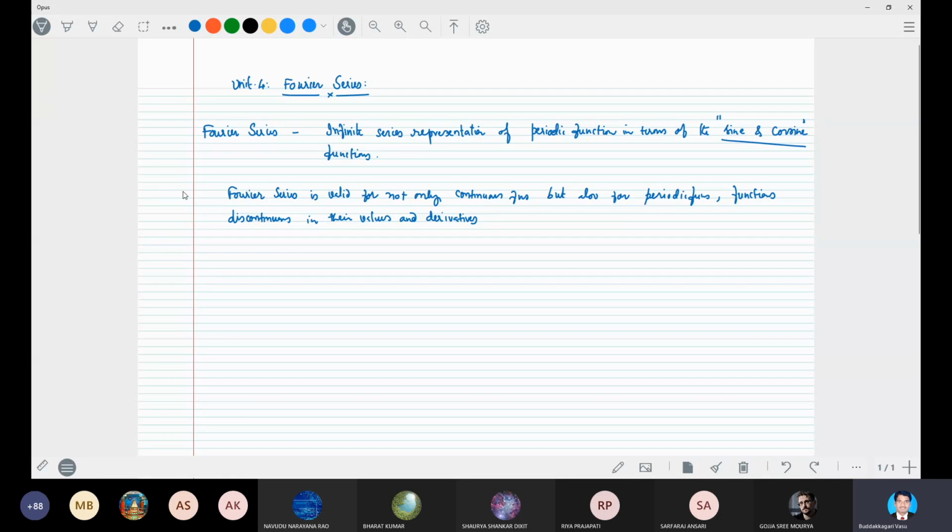This is very, very important. This is why Fourier series is more powerful than the other methods. Even at a point of discontinuity in the domain, this series expansion will give you a fruitful approximation of the solution. Okay. All right.